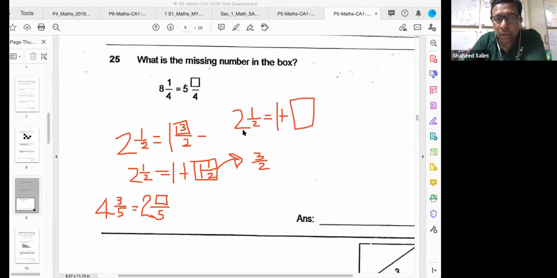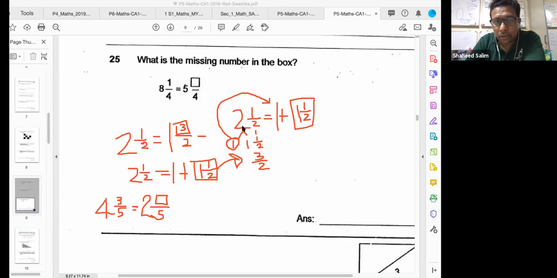Down here, I can get 1 whole, and down here is a half. So the 1 whole, can you see it's already here? So now this 1.5 is inside here. 1.5 plus 1 whole is 2.5.